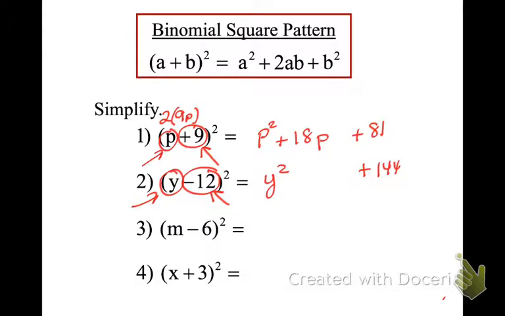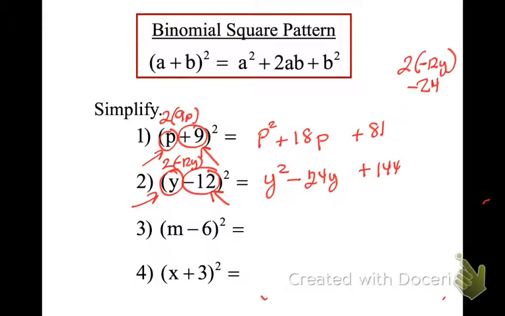Negative 12y. Okay, and double that. 24y. What kind? Positive, negative. Negative. It's negative 24y. Because it's, I owe $12, I owe $12, I owe 24 altogether. Okay? 2 times negative 12y would be negative 24y.